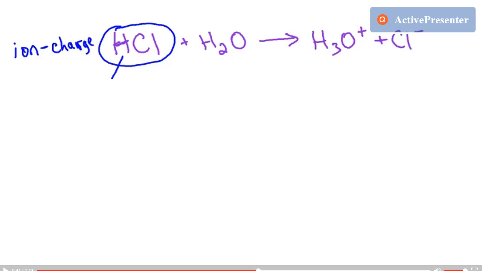So this H is going to turn into an H positive, which is a proton, and that's what makes things acid.